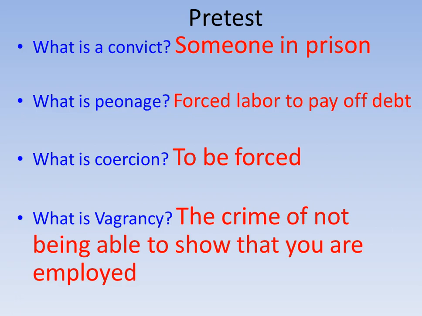That sounds really radical. But in the South, this particular law, vagrancy laws, vagrancy statutes, were used against African Americans, and this was how they were able to make more convicts through laws like these. But we'll get into that. All right. So there's our pretest. This is the key vocabulary you need to know for the unit.